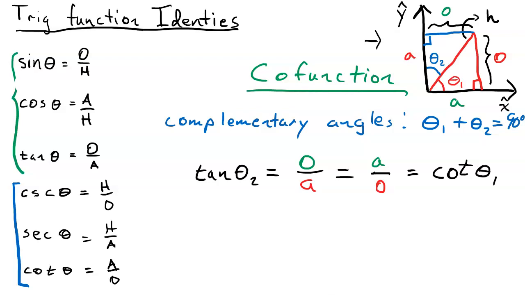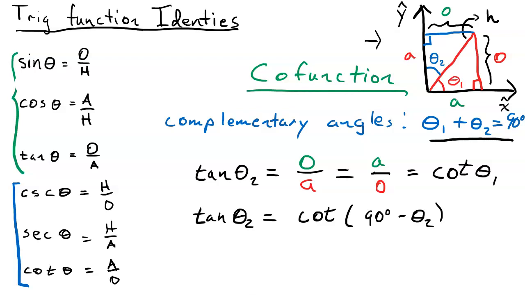But here's the thing: theta 1 and theta 2 are complementary. So what I've just derived is that tan of theta 2 is equal to cotangent of 90 degrees minus theta 2. How do I do that? I used the definition of complementary angles.